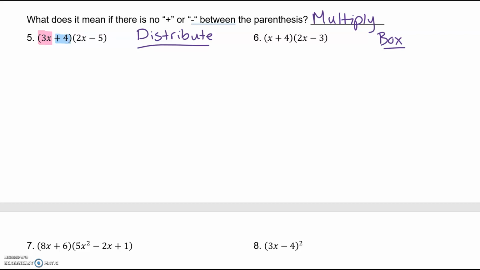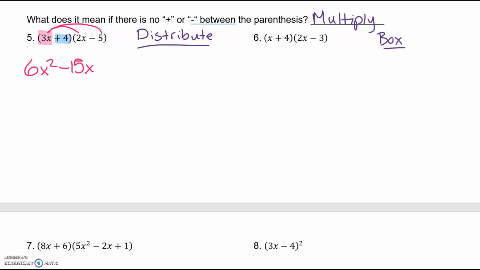I have the 3x we need to distribute. So let's go ahead and do that. We're going to multiply 3x by everything in the second set of parentheses. So 3x times 2x is 6x squared. 3x times negative 5 is negative 15x.